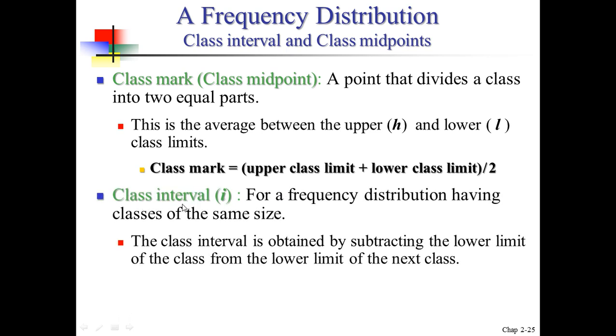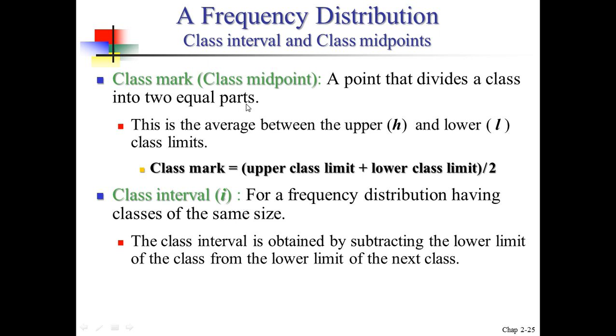Class interval. For class interval, step 2, remember step 2 from our process in order to make a frequency distribution table. Step 2 at that time. But now, suppose that you already have a table, a frequency distribution table is given to you. That's why you don't need to run 5 steps, because the table is already given to you.